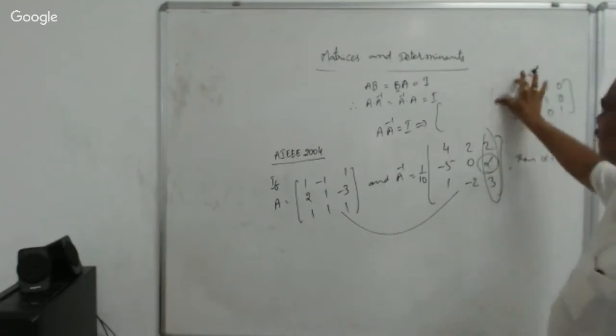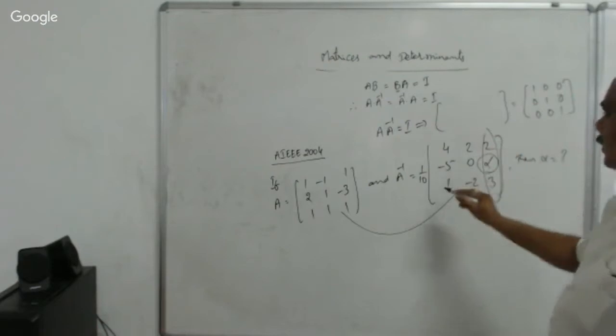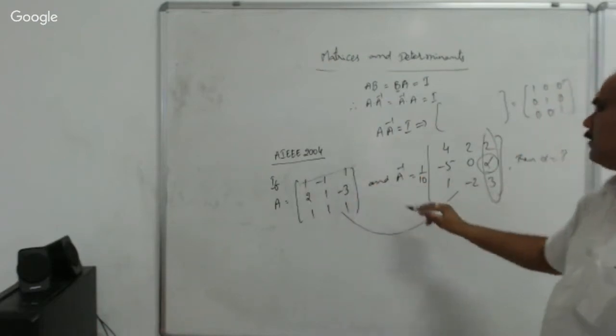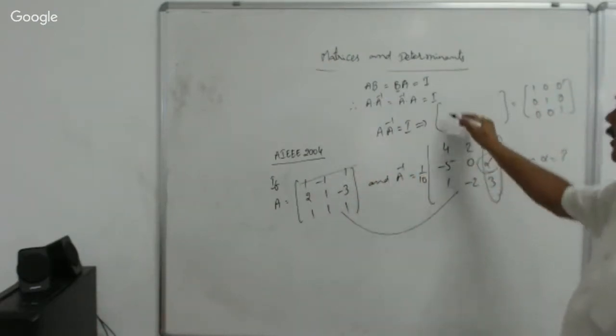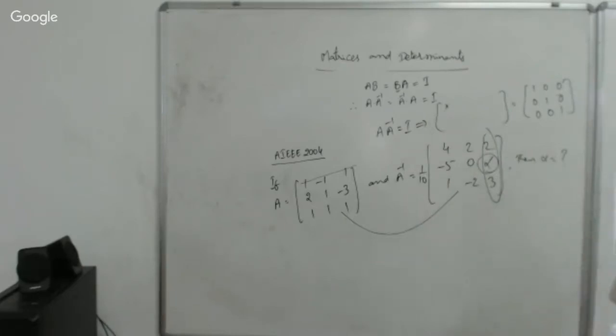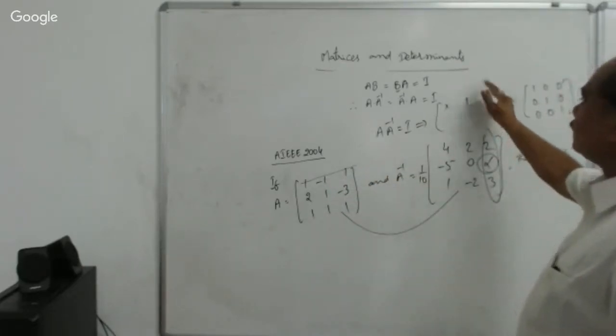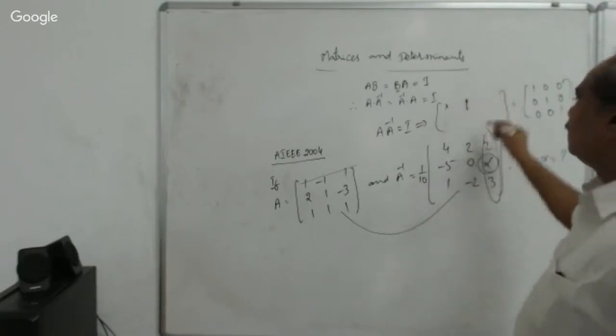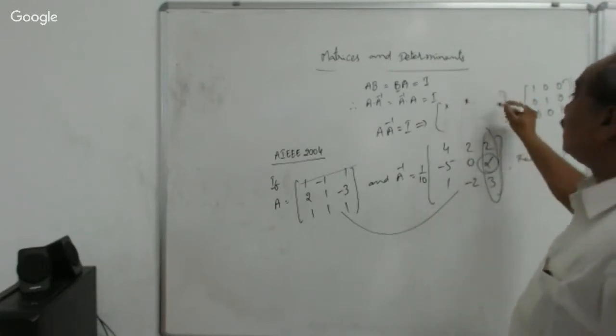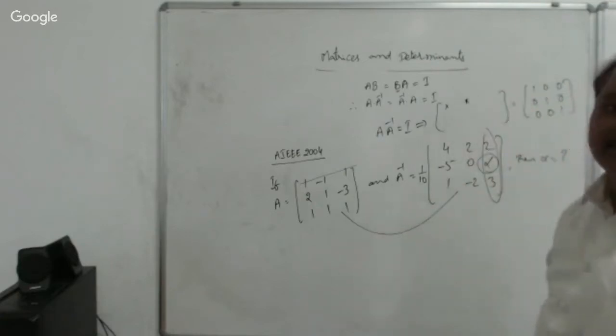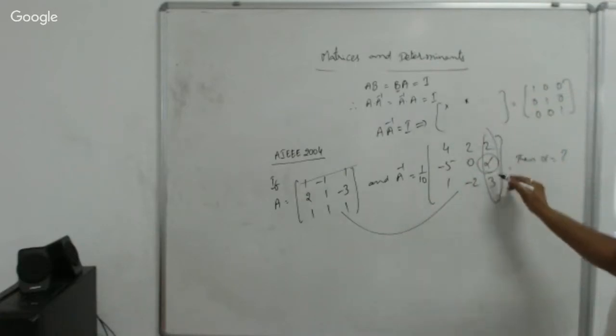In the third column we have the unknown value.